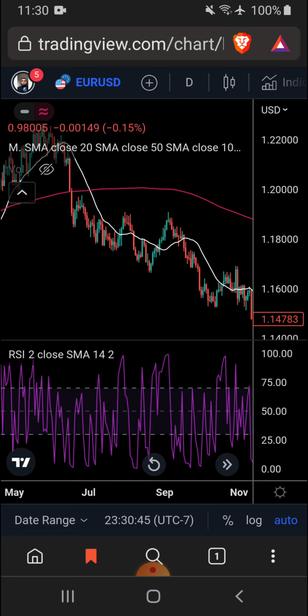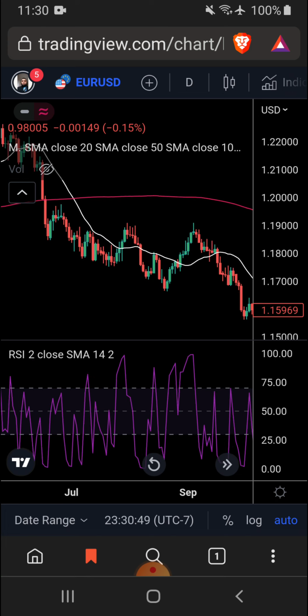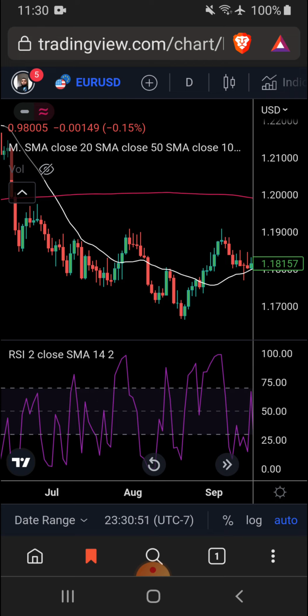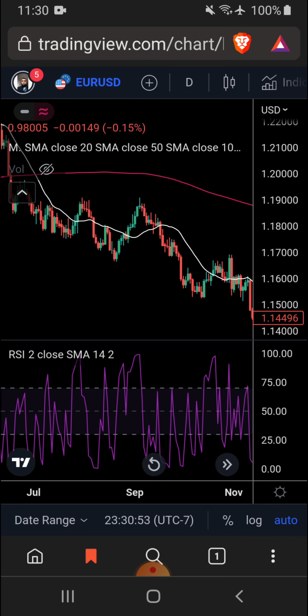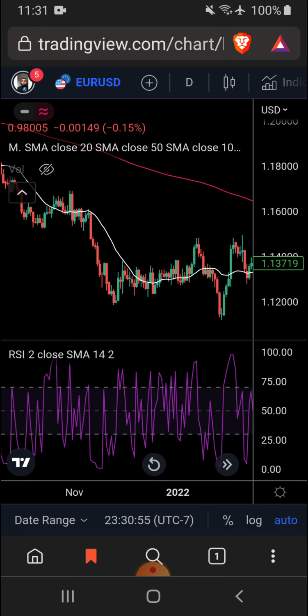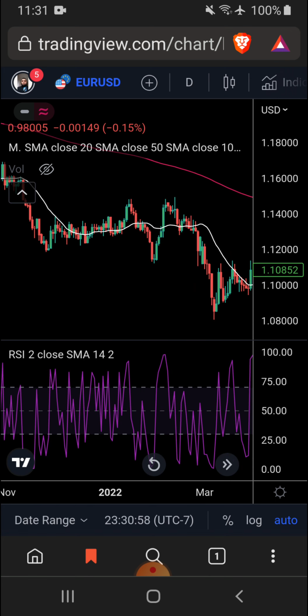Maybe not short term, but while the asset is under the 200-day simple moving average, they are short only. So that's why the euro has been under pressure. The US dollar index, DXY, has been above the 200-day simple moving average. It's pretty much the only asset that has been above the 200-day SMA.